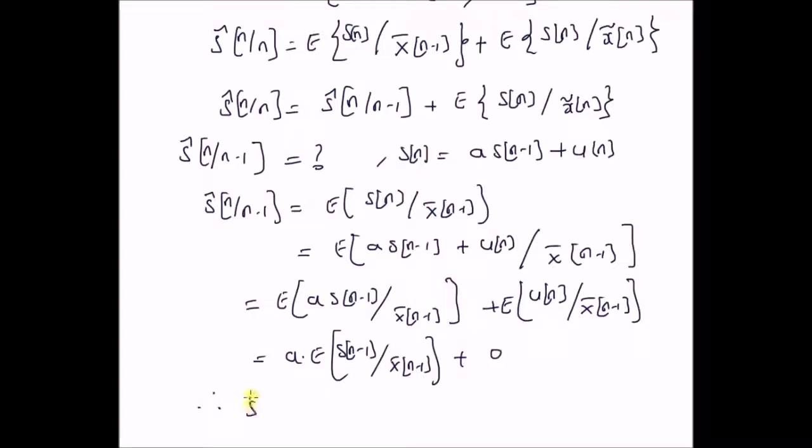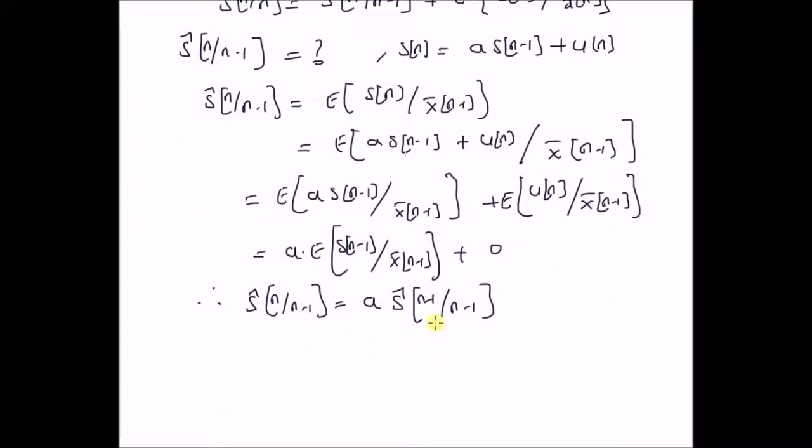Therefore, s hat of n given n minus 1 is equal to a times s hat of n minus 1 given n minus 1, since this is clearly the definition of s hat of n minus 1 given n minus 1. Thus we have the first component of the conditional expectation.